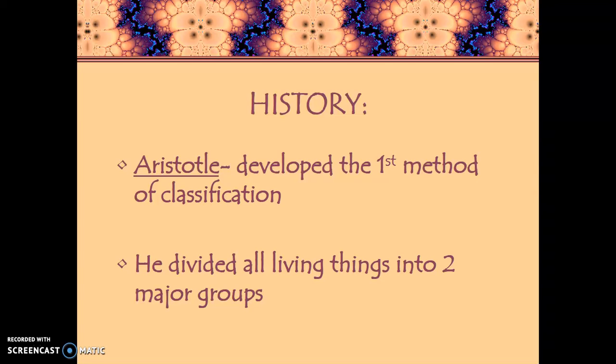So let's talk about the history of our classification system. It all started with Aristotle, who was a philosopher. He developed the very first method of classification. He divided all living things into two major groups. Think about all the living things you know of. What do you think his two groups were?